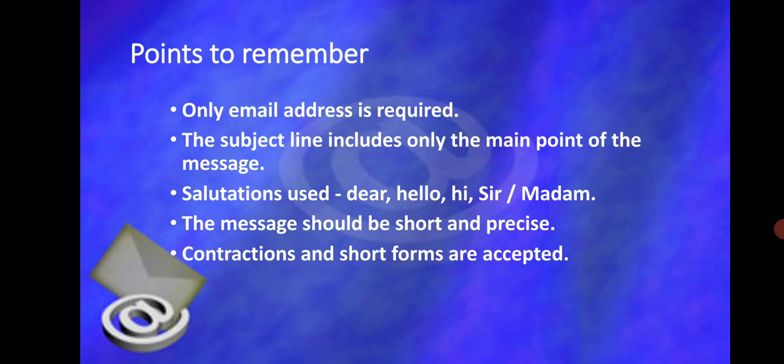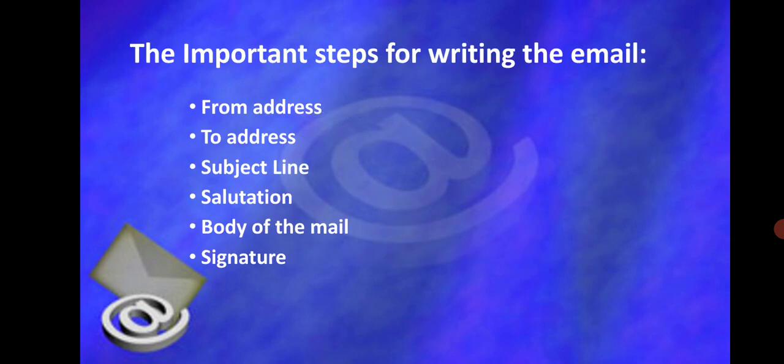So, shall we go through the email format once more? When you write the email, first you have to write your email ID, then comes the recipient's email ID, then you have to write the subject where you write the main point of the message, then the salutation. The salutation can be hi, dear, hello, or if it is a formal letter you can just write sir or madam.